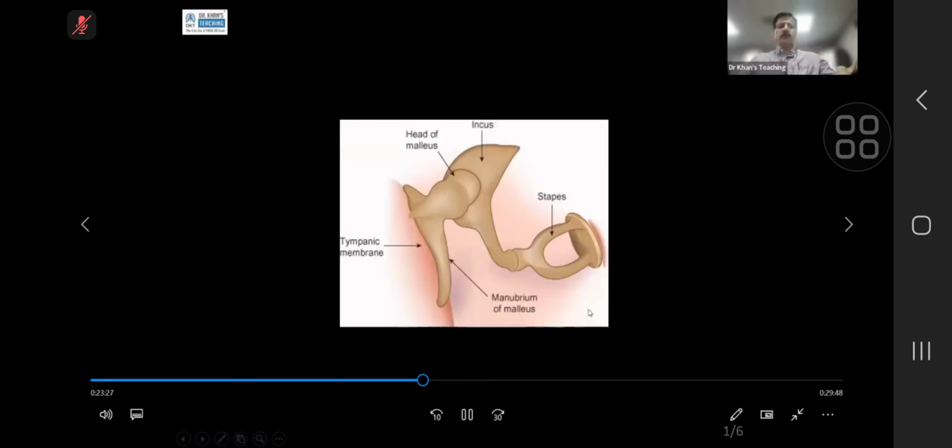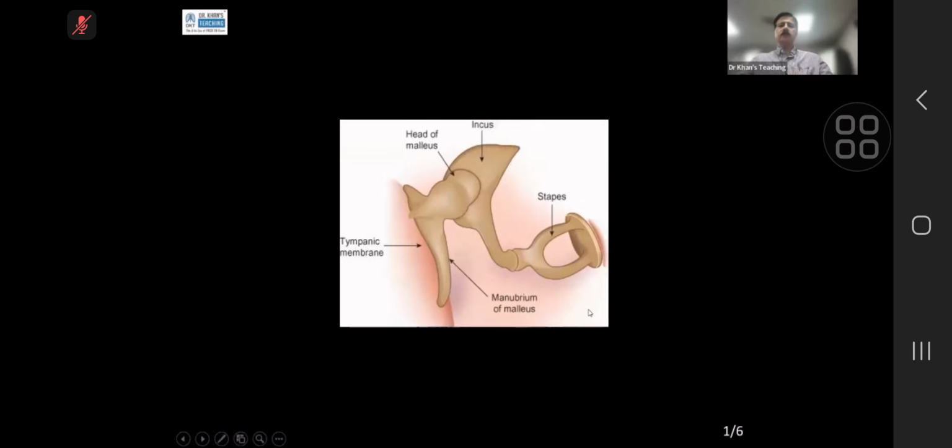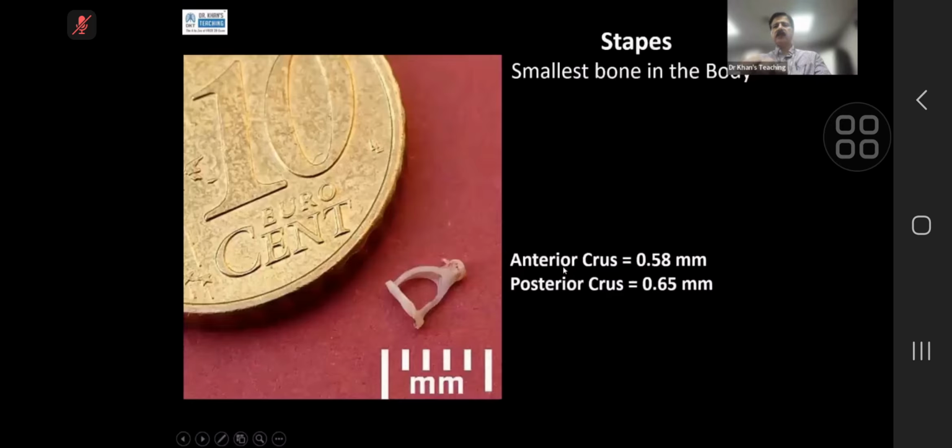Now, if you see here, a repetition, this is the stapes, and the capability of CT scan now is that the stapes is the smallest bone in the human body.